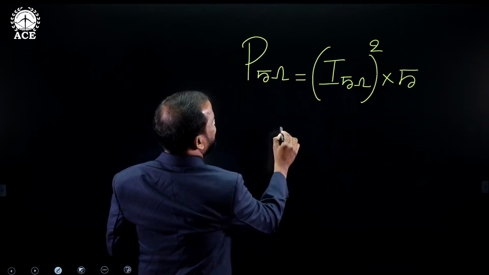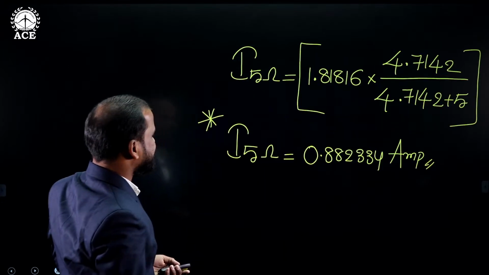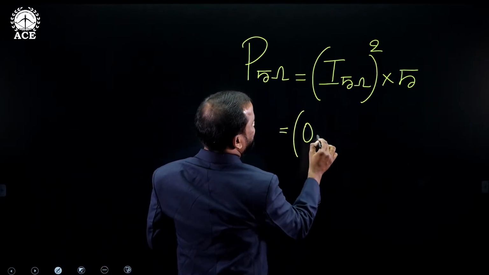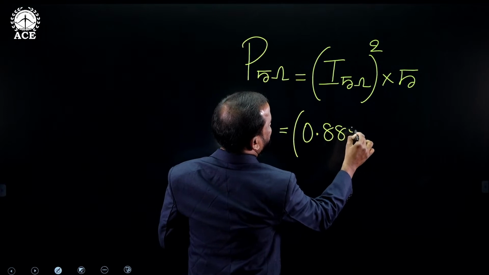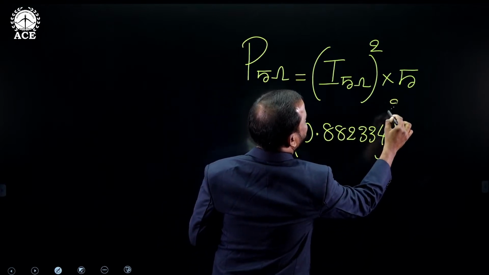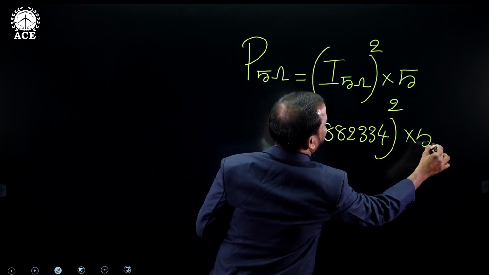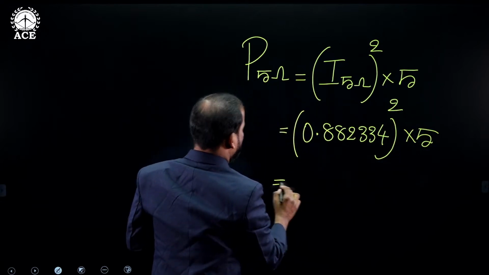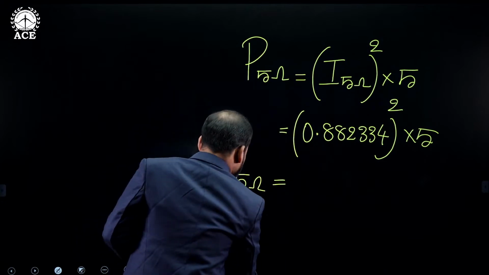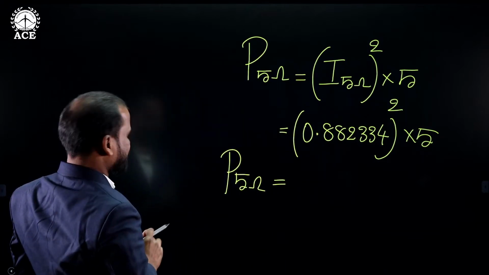Now what is the value of current flowing through the 5 ohm resistance? 0.8823334. Okay, substitute that value. 0.8823334 whole square into the value of 5. Now this value represents the power dissipated by the 5 ohm resistance by using Norton's theorem.